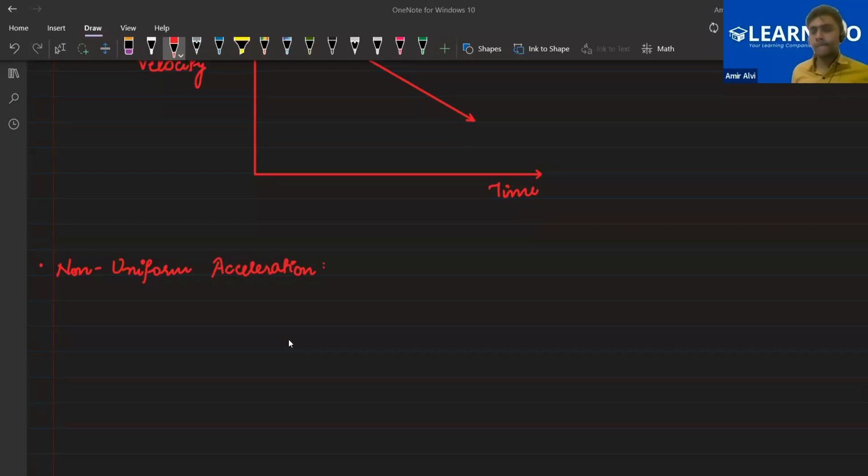When the rate of change of velocity is unequal or non-uniform, right? So a body has a non-uniform acceleration.